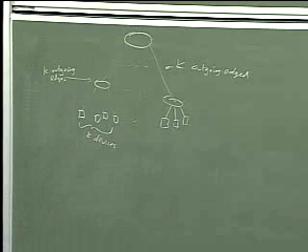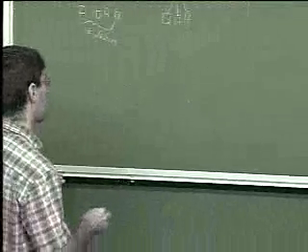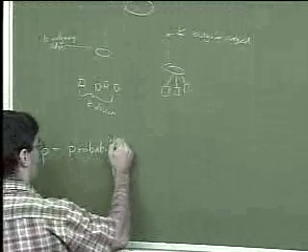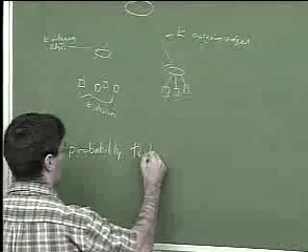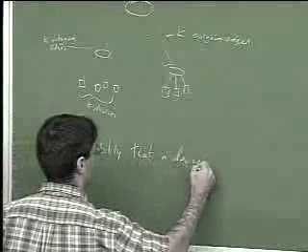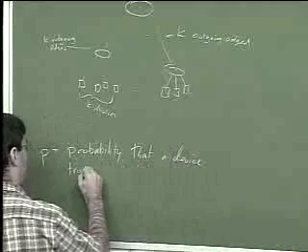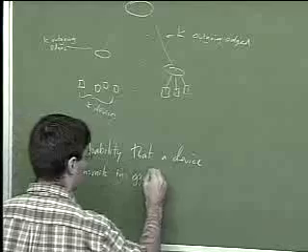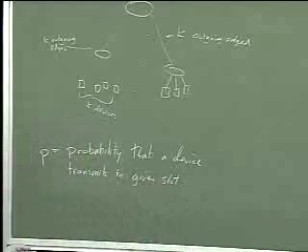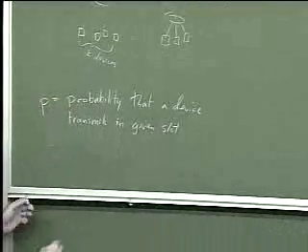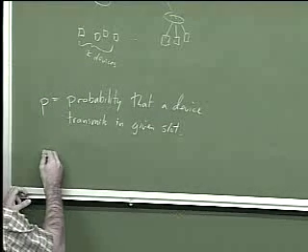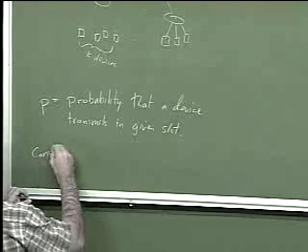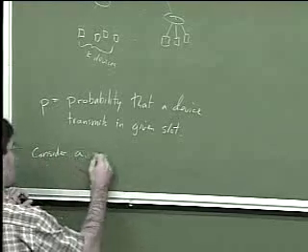Let the probability that a device transmits in a given slot be P. And let's consider a specific round, or a specific slot.